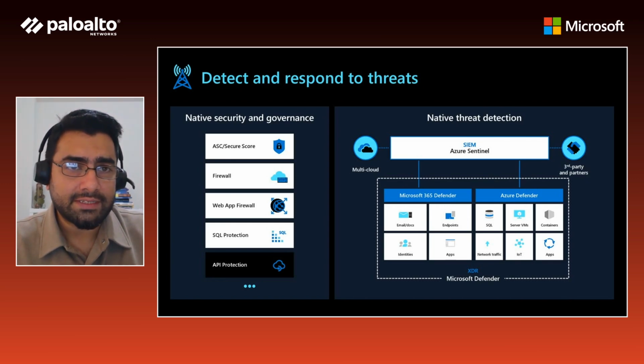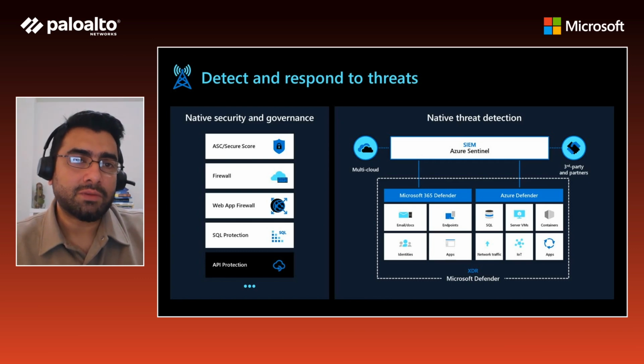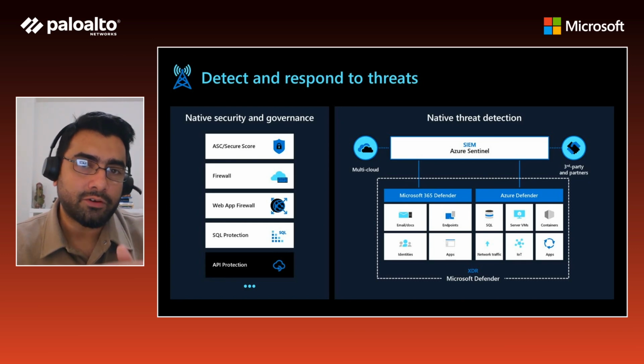And this Secure Score gives you a score on how much your solution or system is protected against all those threats and vulnerabilities. Once we have this, we have native threat detection as well. We also have threat detection for multi-cloud and third-party partners, which Azure Sentinel provides on top of your solution.